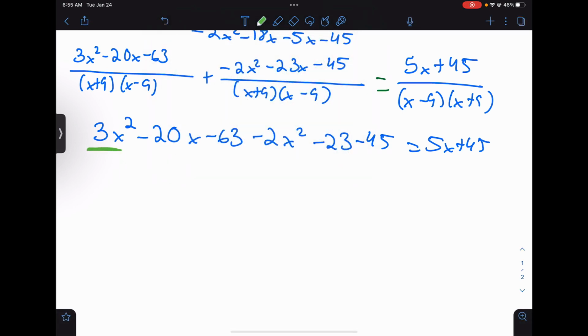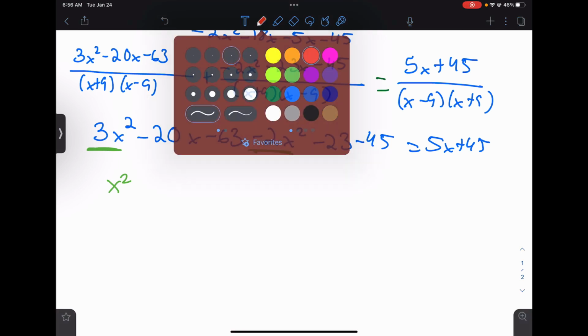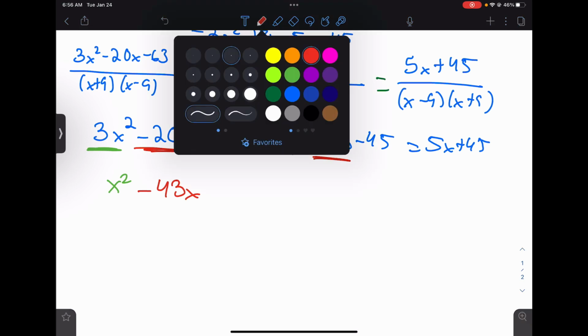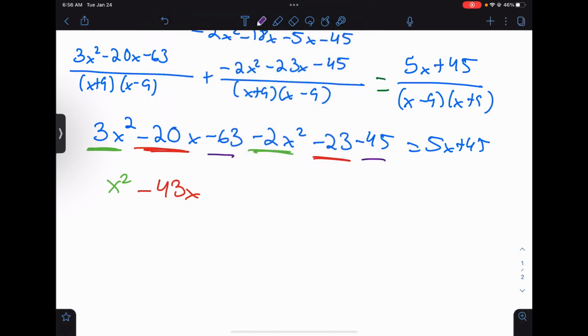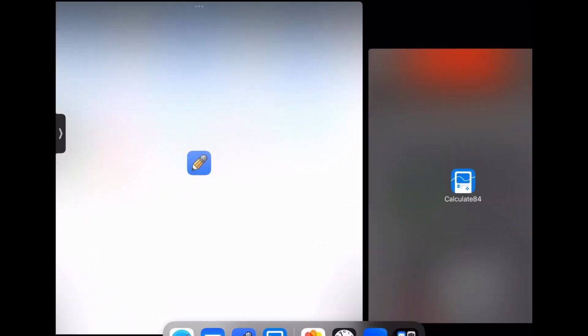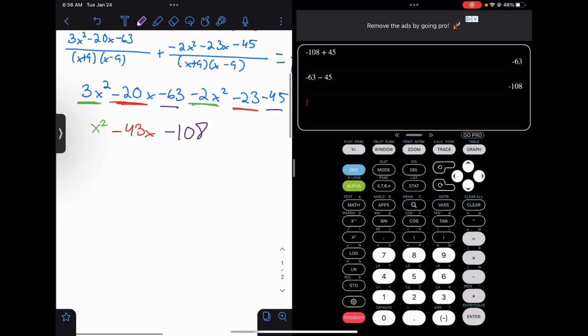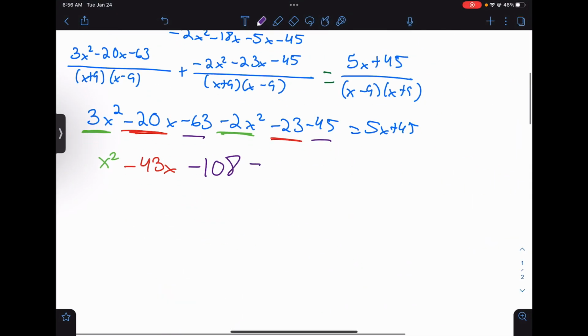So now let's combine like terms on the left-hand side here. So we get x squared. Then this guy and this guy give me a minus 43x. And then this guy and this guy give me, let's see, negative 63 minus 45 gives me a negative 108. And then this is equal to 5x plus 45.